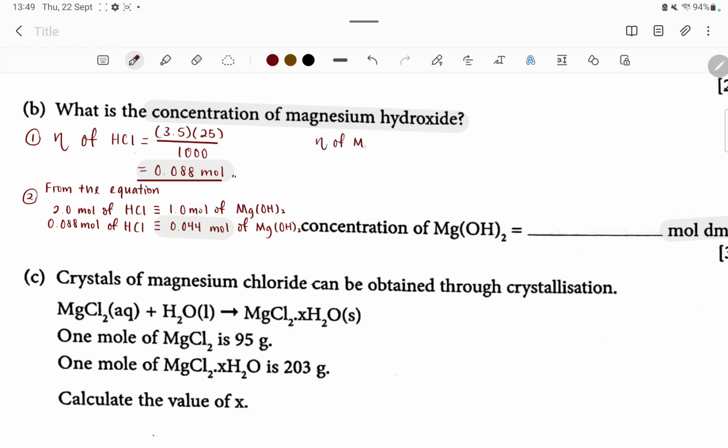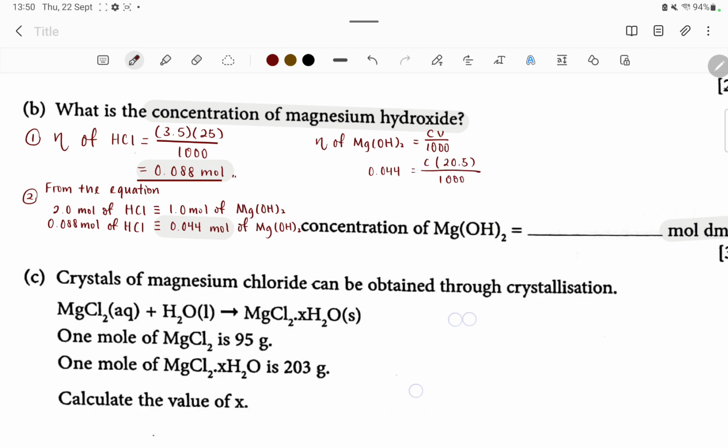Number of mole of Mg(OH)2 equals to, okay, this is the formula, and then after that we substitute whatever information that we already have. So this one is 0.044, this one C we don't know, and then this one is 20.5 over 1000.